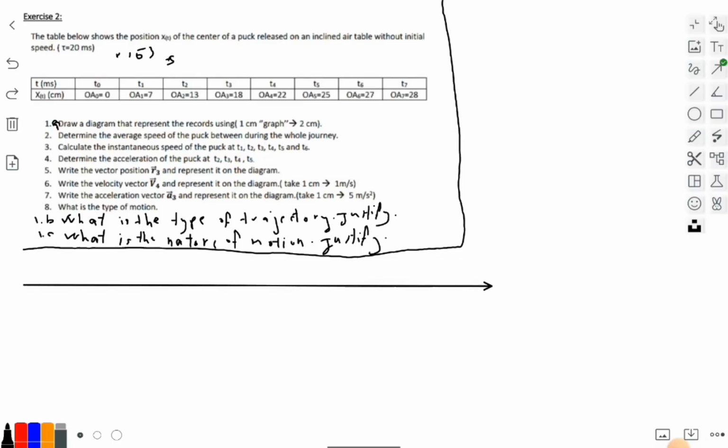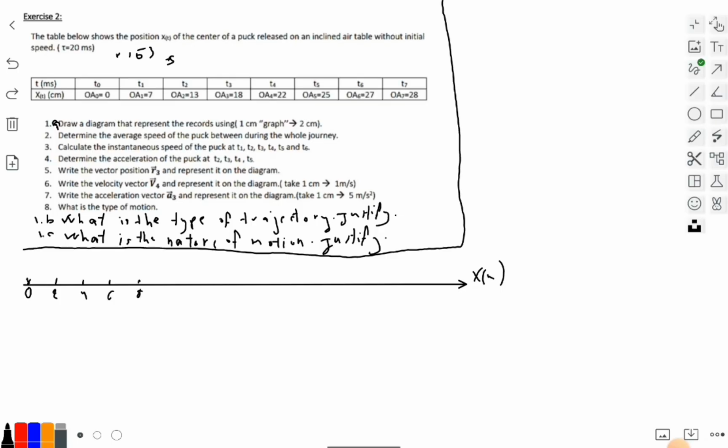This is x(t) in meter. This is the origin O, 0. Here 2, here 4, now 6. Each 1 centimeter corresponds to 2 centimeter.